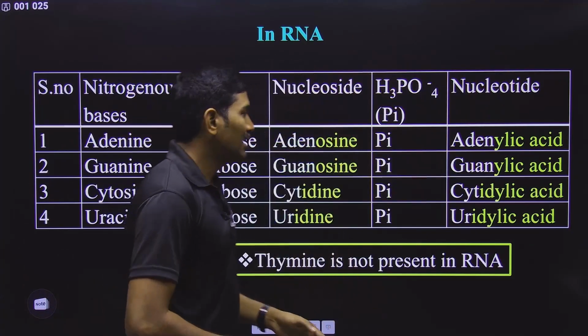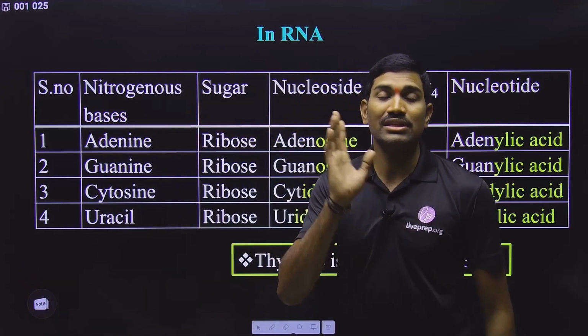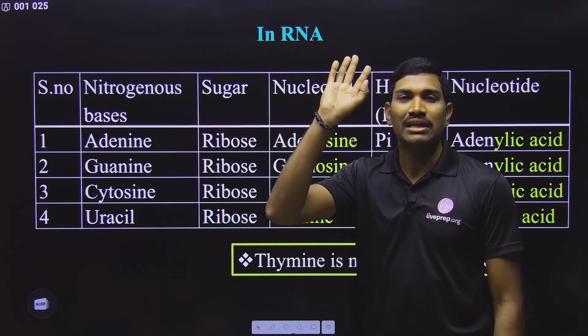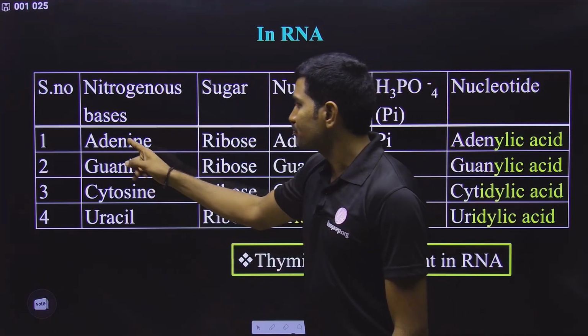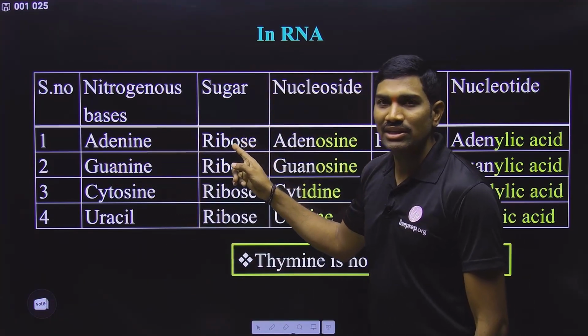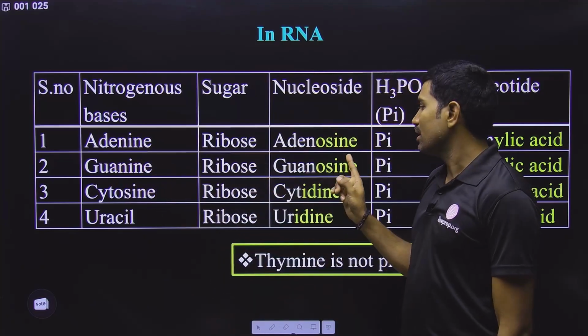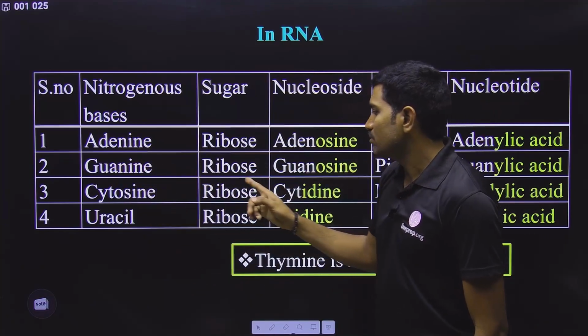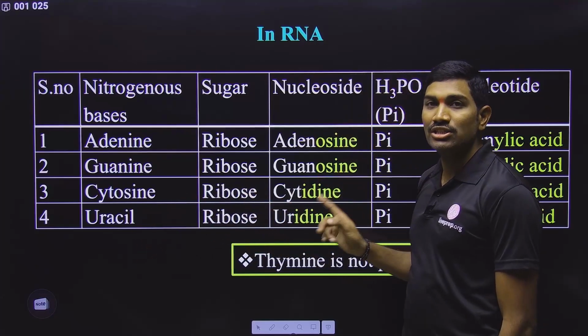Now again here, in the case of RNA and DNA, what are the various names that we are using? These names were clearly mentioned in NCERT, even in class 11th and class 12th. So you should compulsorily remember these names. Adenine, if combined with ribose, is called adenosine. Guanine combined with ribose is called guanosine. Cytosine plus ribose is called cytidine. And uracil plus ribose is called uridine.